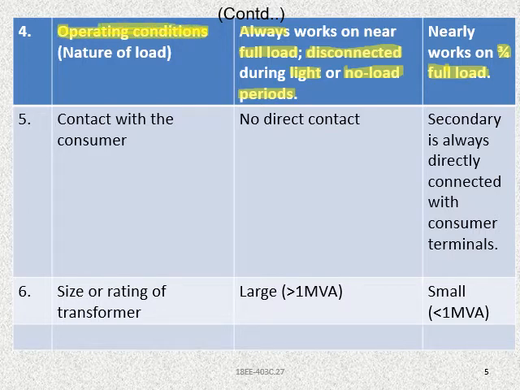So a power transformer always works on full load, and if it is not a full load, like lightly loaded or no load condition, these power transformers are disconnected. Whereas a distribution transformer works nearly on 3 by 4th of full load.